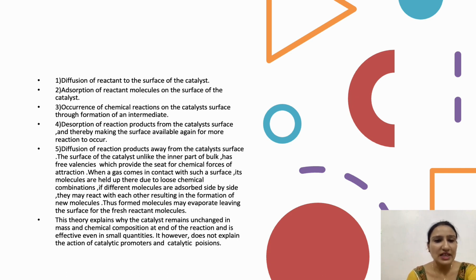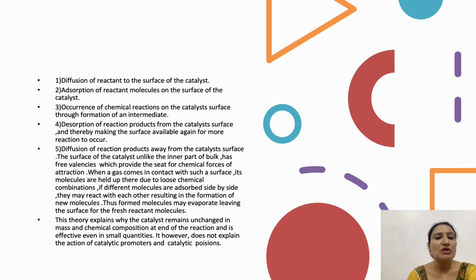The surface of catalyst, unlike the inner part of bulk, has free valencies, which provide the seat for chemical forces of attraction. When a gas comes in contact with such a surface, its molecules are held up there due to loose chemical combinations. If different molecules are adsorbed side by side, they may react with each other, resulting in the formation of new molecules.